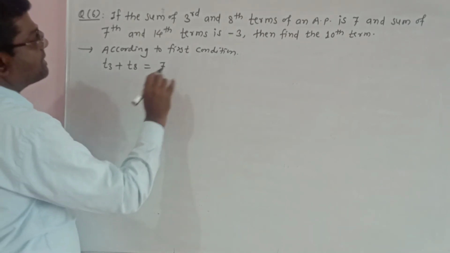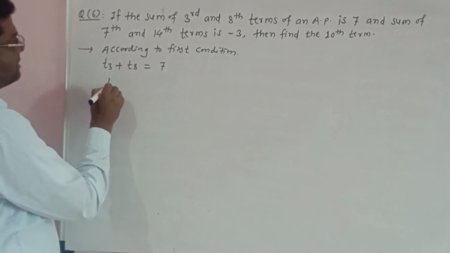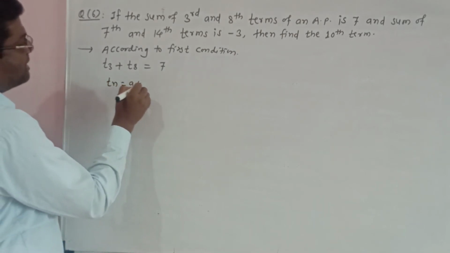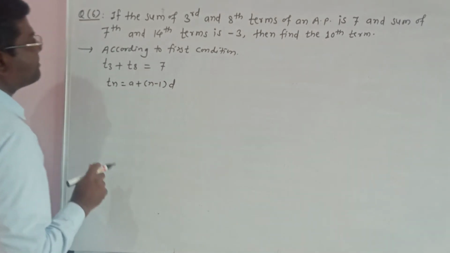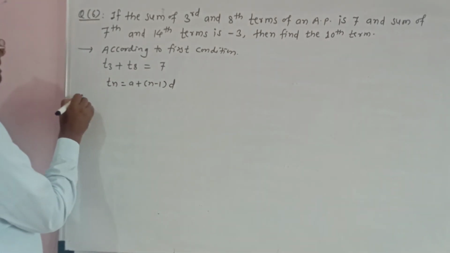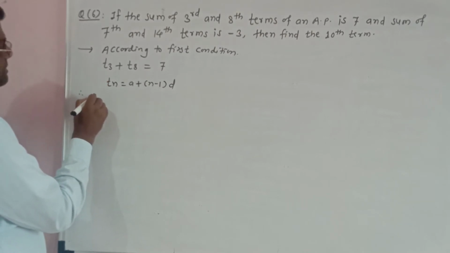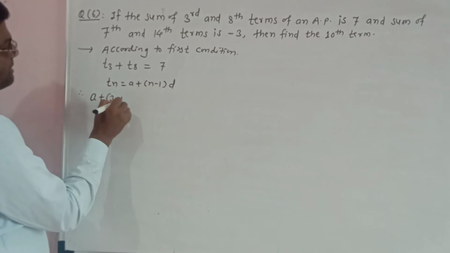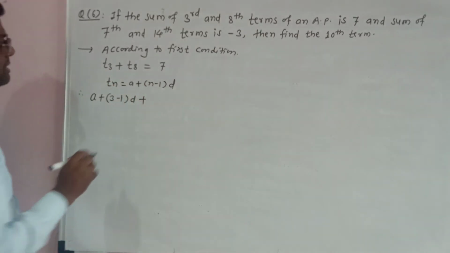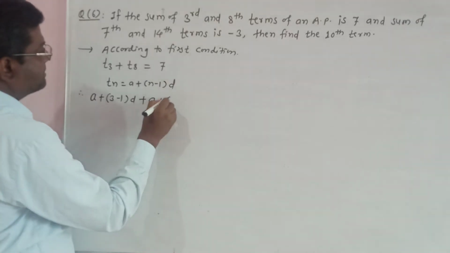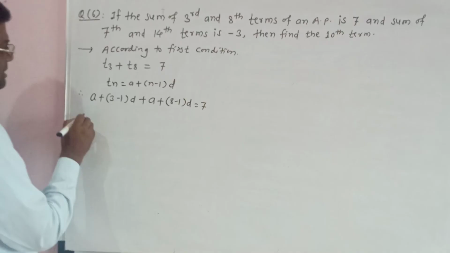Now use the formula Tn is equal to A plus n minus 1 into D. The formula for T3 will be A plus 3 minus 1 into D, and the formula for T8 will be A plus 8 minus 1 into D, is equal to 7.